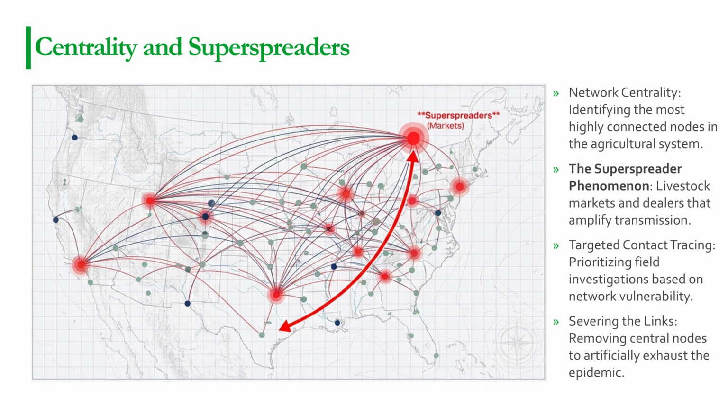A highly connected node can act as a major transmission hub if infection is introduced at the right moment. From that hub, movements may distribute infection to many regions in a short time. By combining network analysis with geographic information system data, we can identify which locations are most connected and therefore most influential in disease spread.